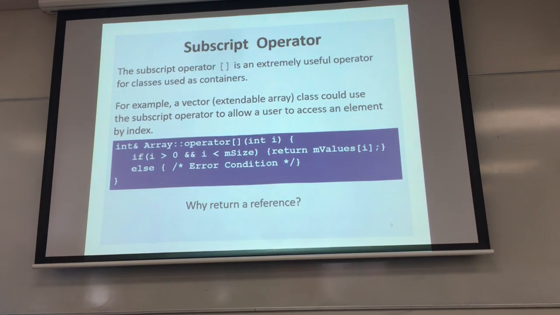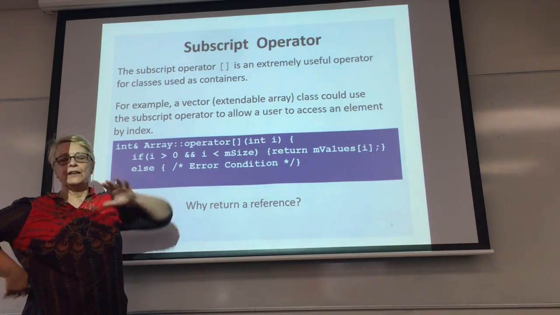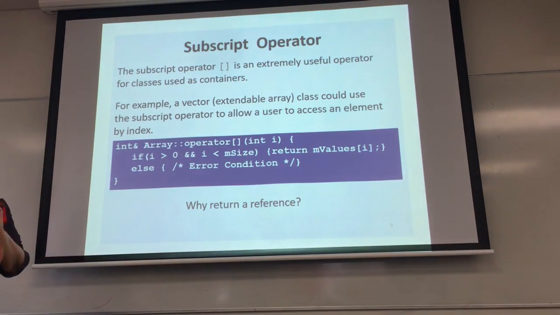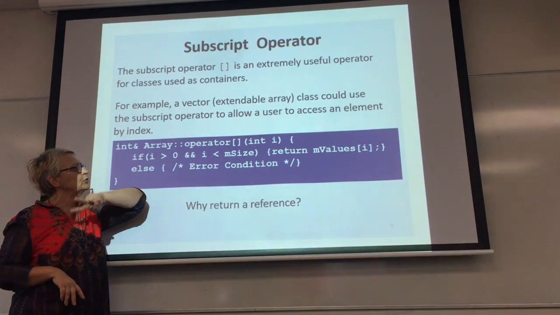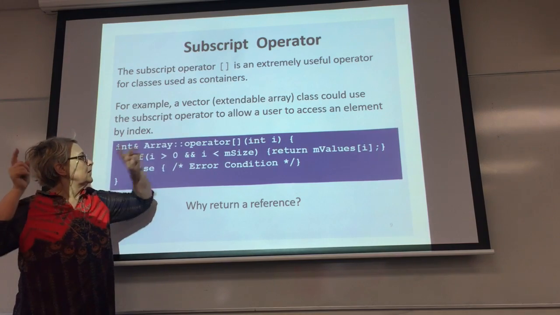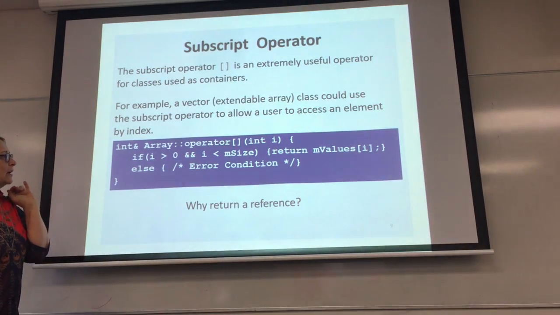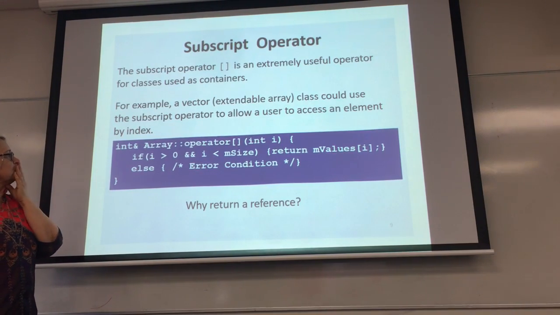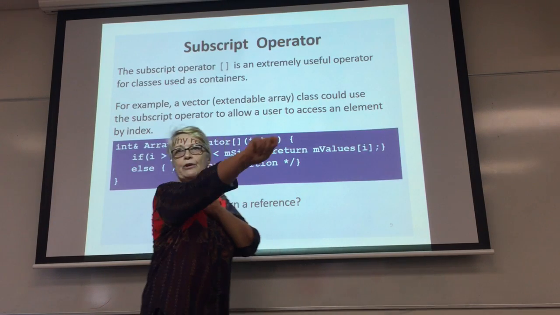Right. This operator is used with containers, collections of objects of the same type in particular. And if we go and look at our array class where we have just two data members, keeping track of how many elements were stored in the array, and m values, which is a pointer to the array elements.